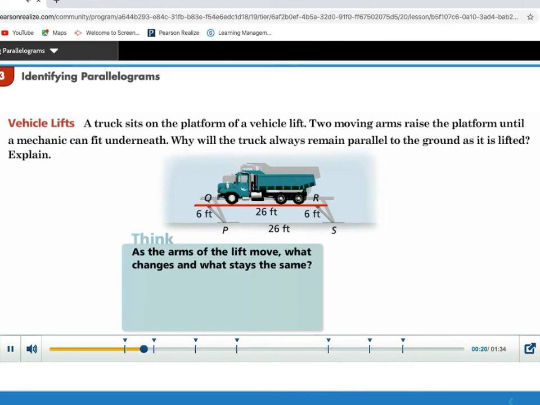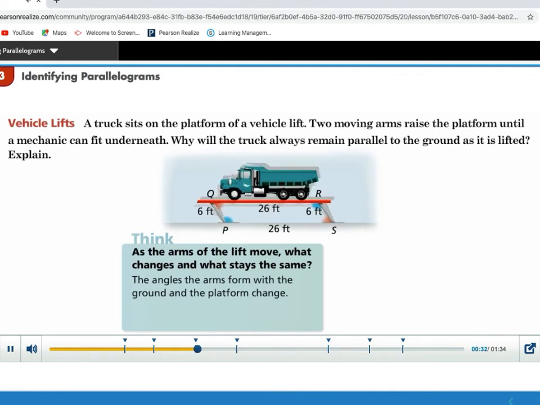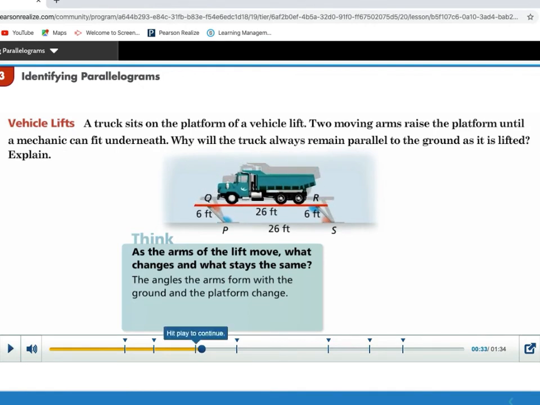As the arms of the lift move, what changes and what stays the same? The angles the arms form with the ground and the platform change. But the lengths of the arms and the platform stay the same.